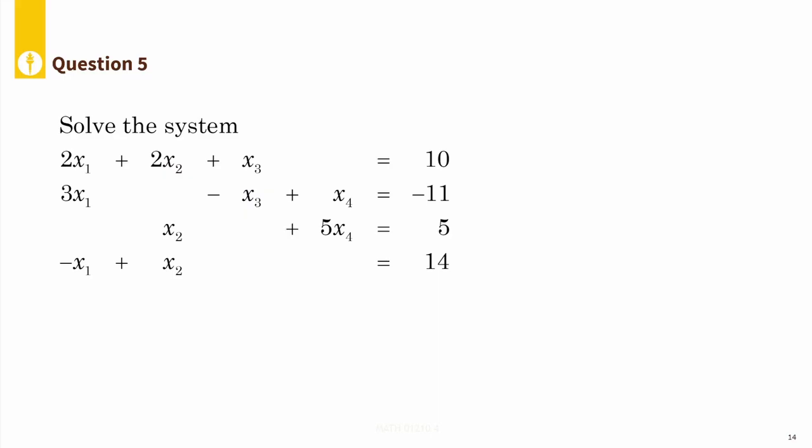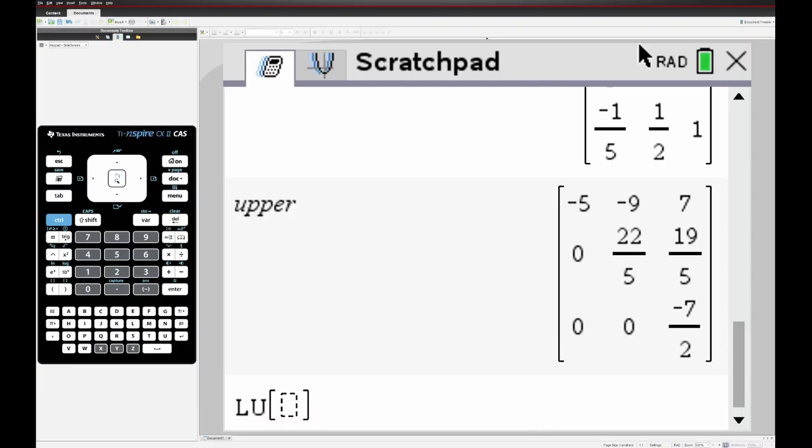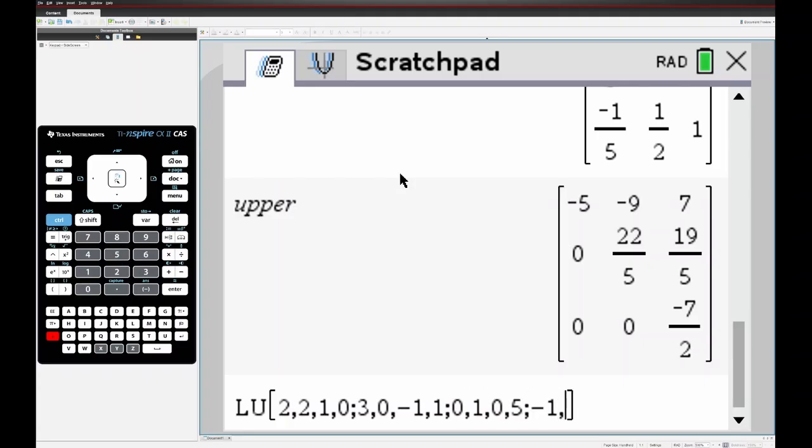Second row 3, 0, negative 1, 1. Third row 0, 1, 0, 5. Fourth row negative 1, 1, 0, 0. Let's type that in. 0, 1, 0, 5.